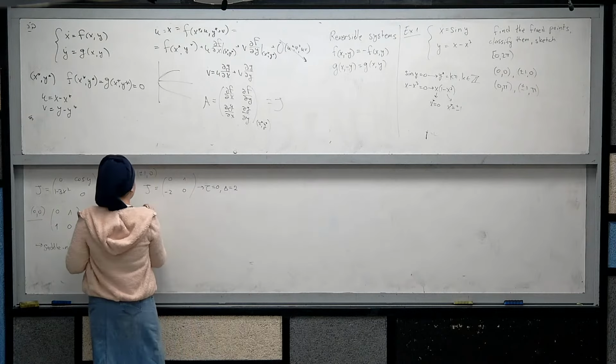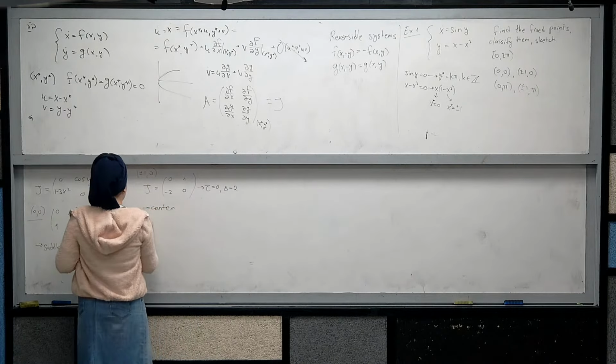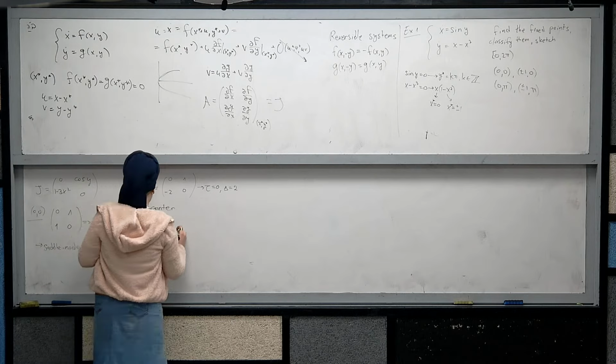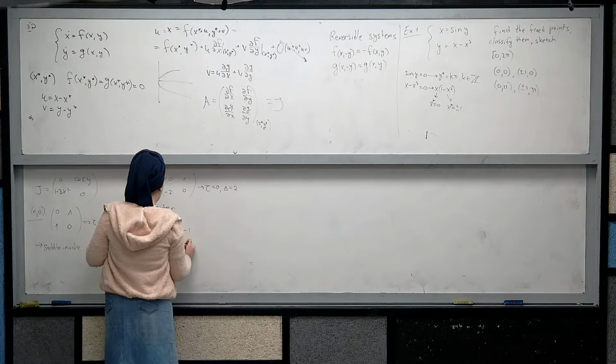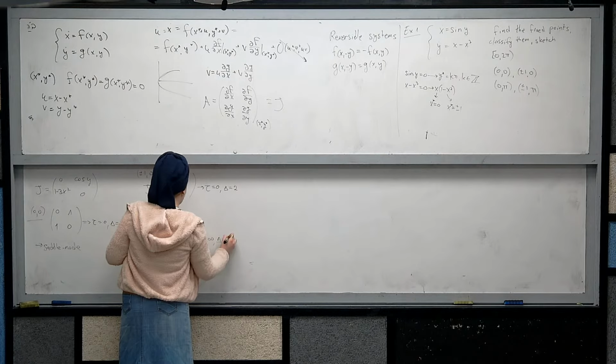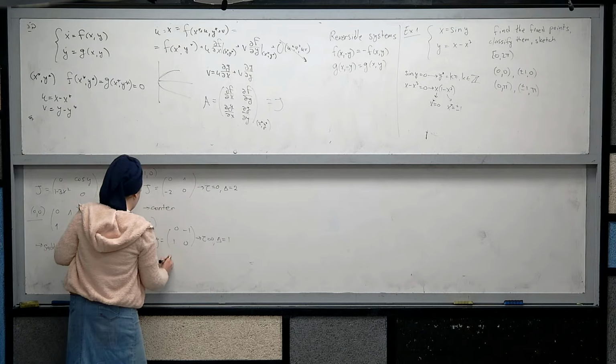Yes, okay. In a similar way, for (0, pi), the Jacobian is 0, minus 1, 1, 0, tau is 0, delta is 1, again reversible, center.